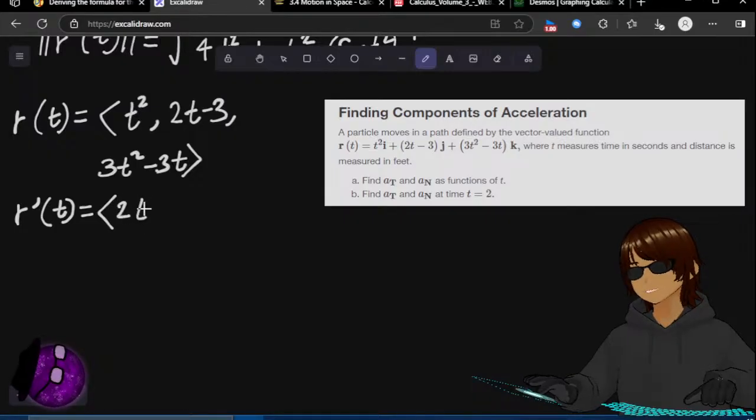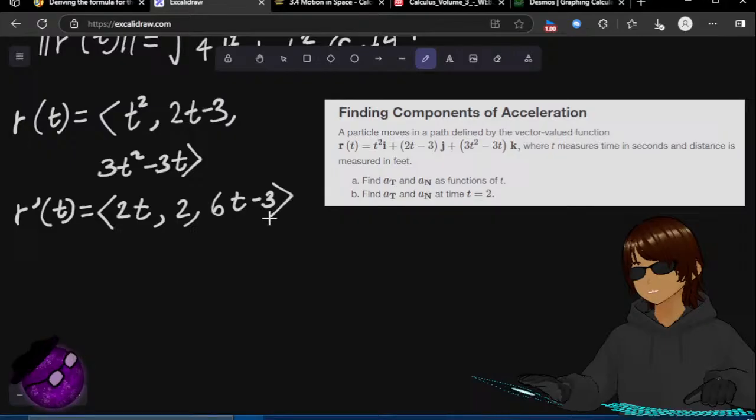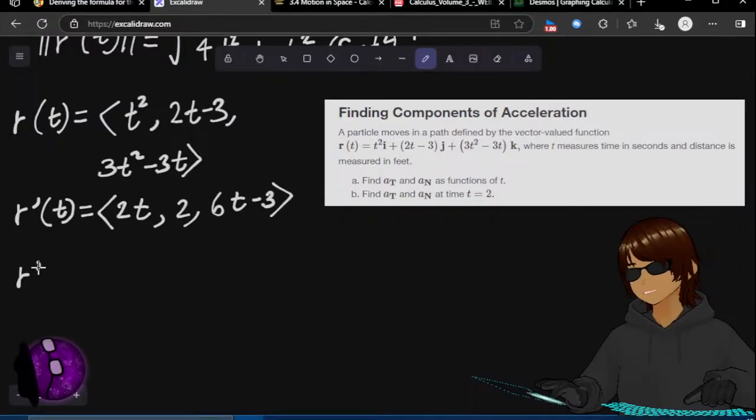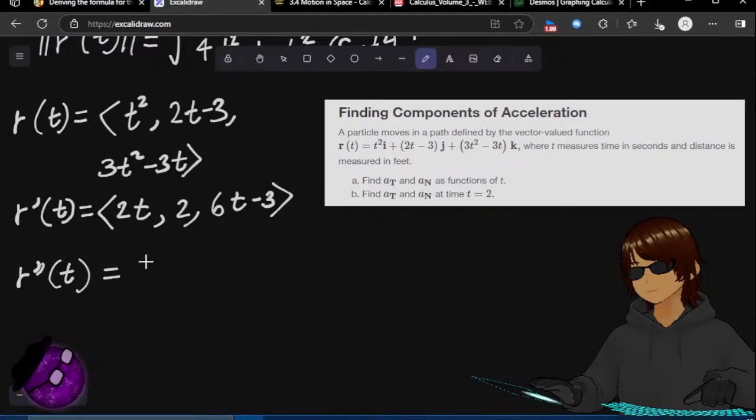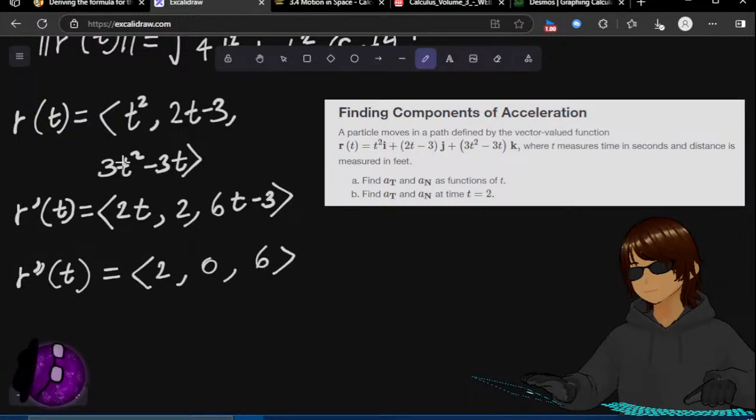And then the first derivative is 2t, 2, and 6t minus 3. And then we have the second derivative: 2, 0, and 6. Let's see if this is correct.